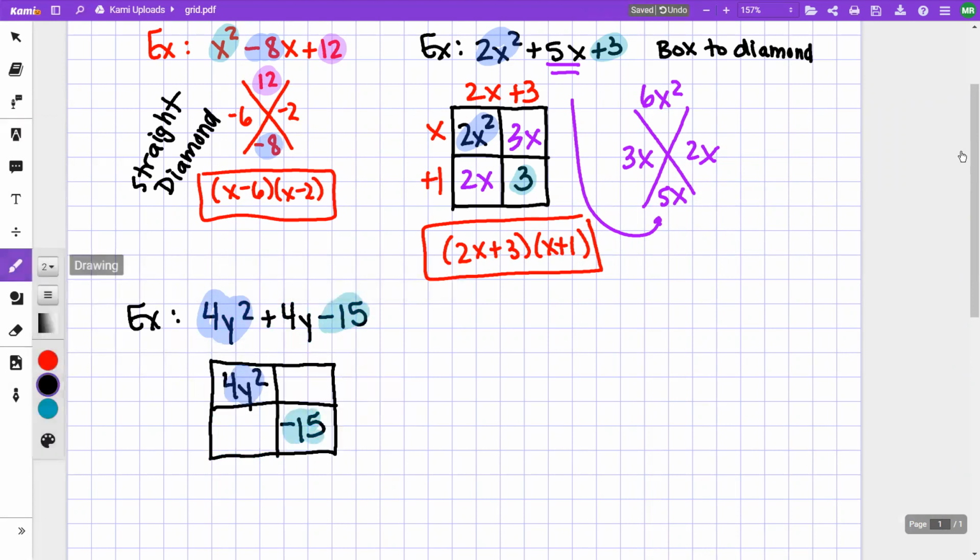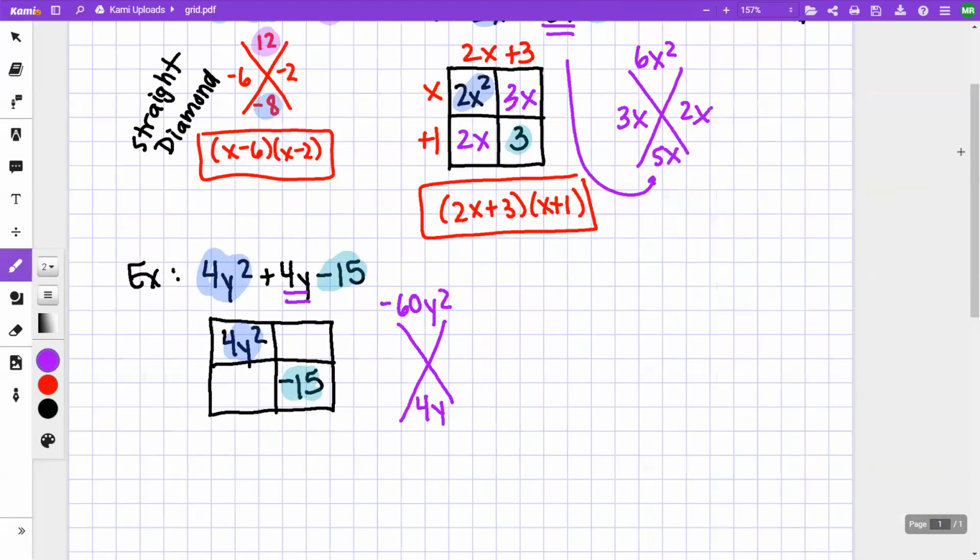And then I am going to go, okay, what do these multiply to? Well, it multiplies to a negative 60y squared, and it has to add to that 4y. So when I'm doing this, I'm trying to think of what multiplies to negative 60 and adds to a positive 4.